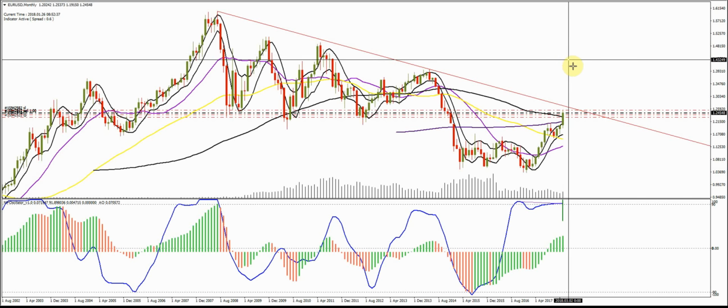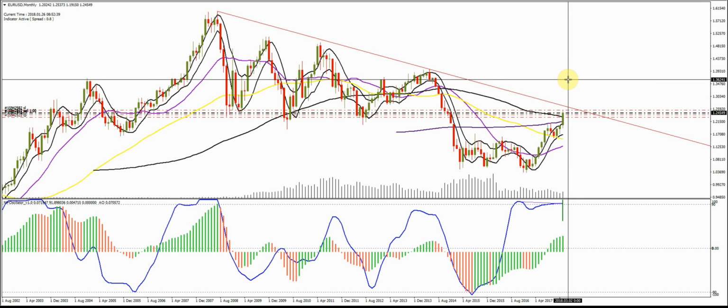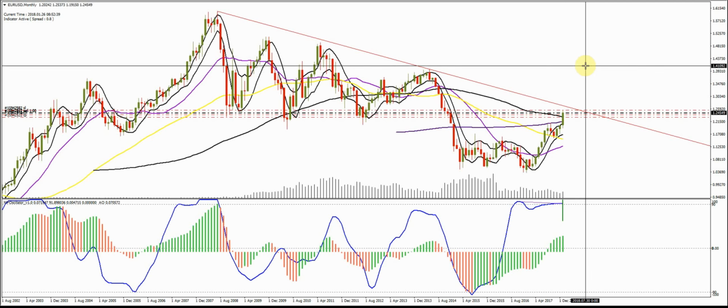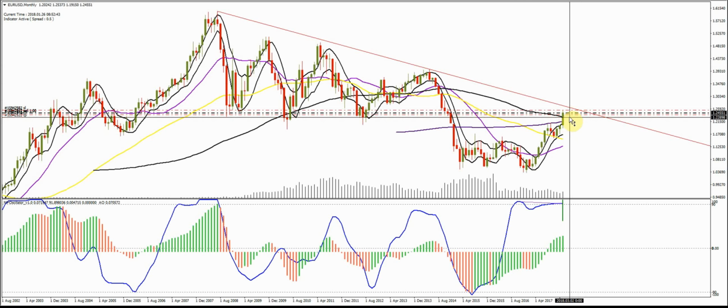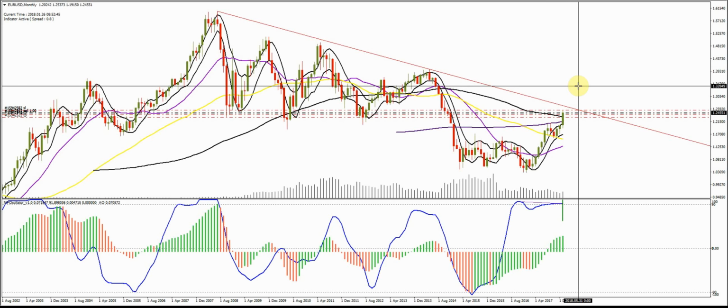Draghi was speaking yesterday. So when they do start this tapering, then in theory that's going to be euro strength, but usually by that point it would have already been priced in. It's always a matter of buy the rumour, sell the fact.